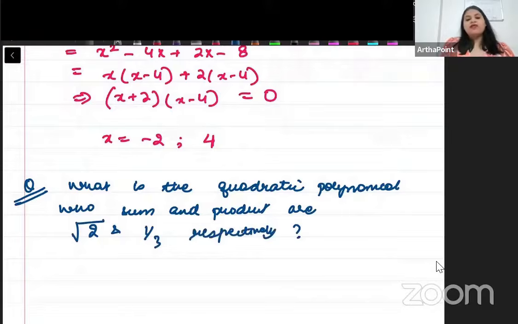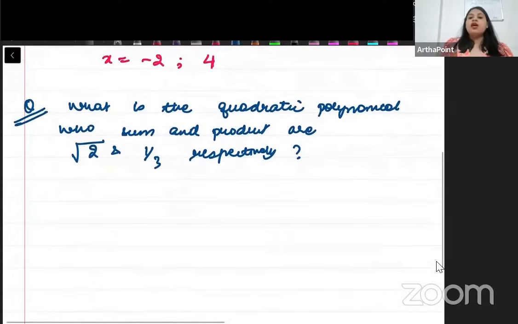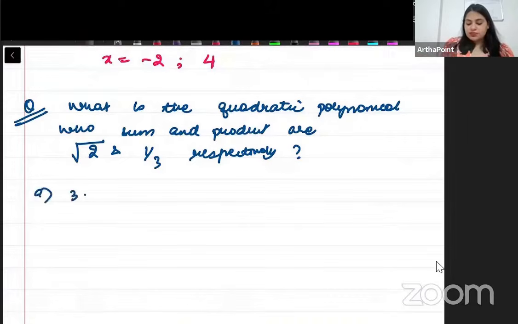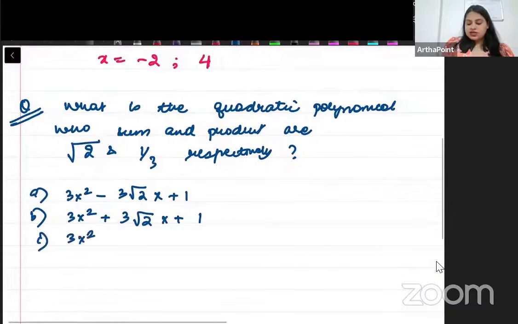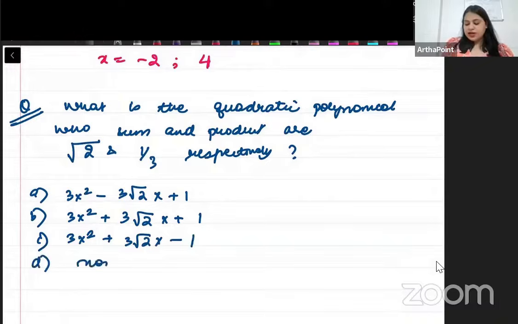I'm giving you 4 equations. You have to tell me which polynomial is the one whose sum and product are root 2 and 1 by 3 respectively. So beta, the options are: A, 3x square minus 3 root 2x plus 1; B, 3x square plus 3 root 2x plus 1; C, 3x square plus 3 root 2x minus 1; and D, none.